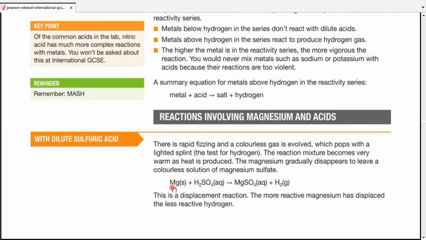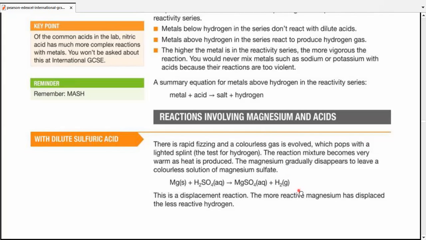This is the reaction of magnesium with sulfuric acid, forming a sulfate salt and producing hydrogen gas. This is a displacement reaction. The more reactive magnesium has displaced the less reactive hydrogen out of its acid solution, forming the magnesium sulfate salt and giving hydrogen as a gas. So this works as an example of the MASH reaction above.